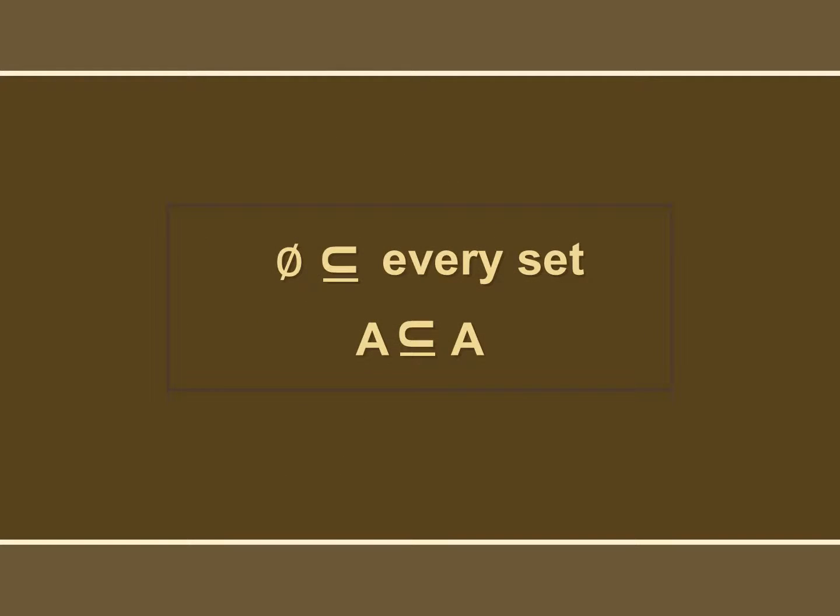There's also this statement that the empty set is a subset of every set, and every set is a subset of itself. So set A is a subset of set A.